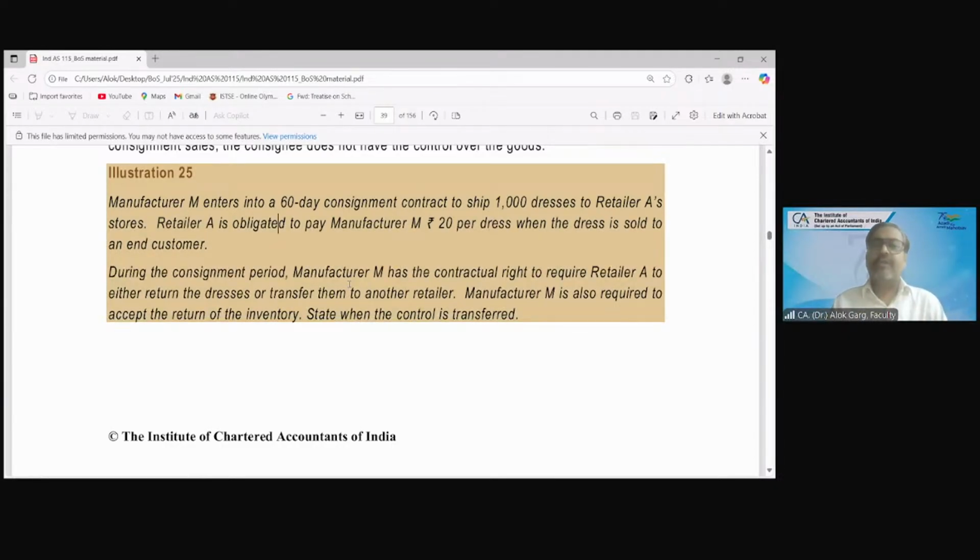Okay. So in this question, there are three events. Event number one, this manufacturer M is transferring these goods to the retailer A. Event number two, when retailer A is selling these goods to the end customer. Event number three, when this retailer A is transferring the goods to another retailer on the request of the consignor, right?